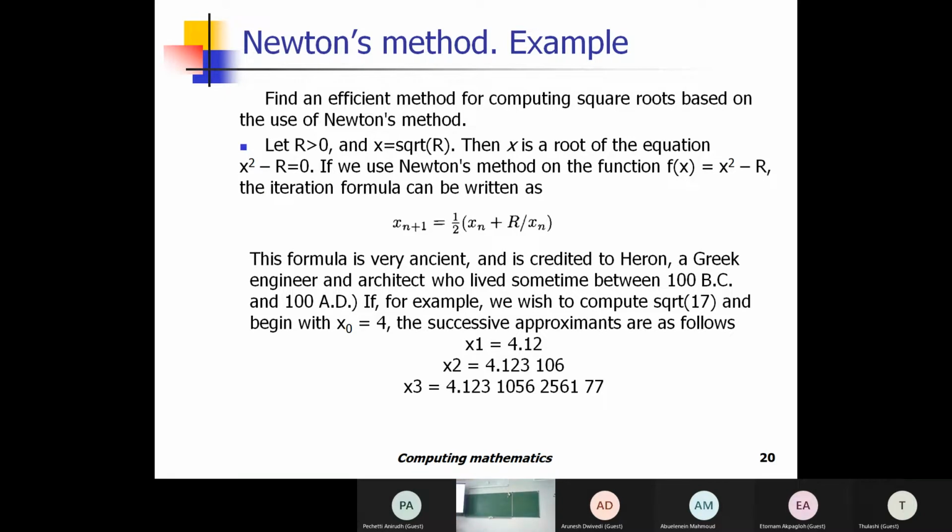I forget all the mathematics. Please help me to do it. You just substitute, I will show you.